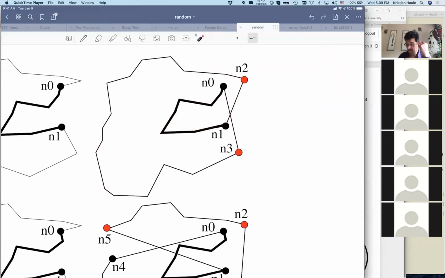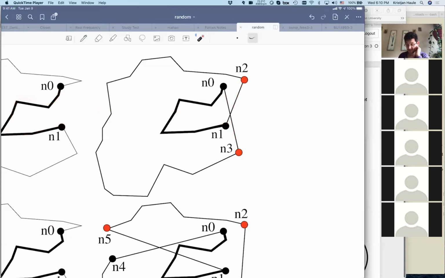And then of course we're doing Metropolis, which means that if this path is shorter, we keep the shorter one. If the path is longer, we might still accept it if the temperature is finite. If the temperature is 0, of course, we're never going to accept the step which has a longer path. But if the temperature is finite, we're still going to jump between these two configurations, even though one of them is more expensive than the other.